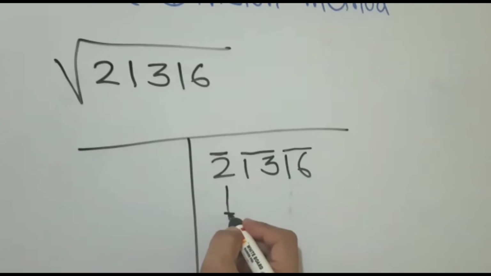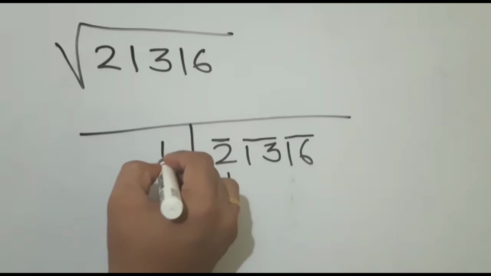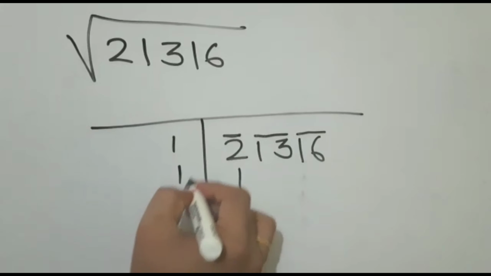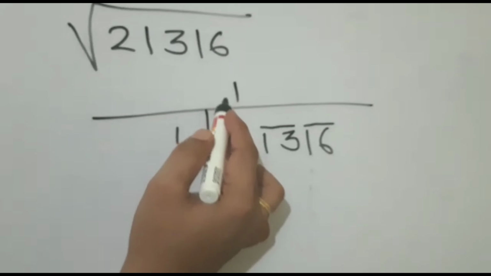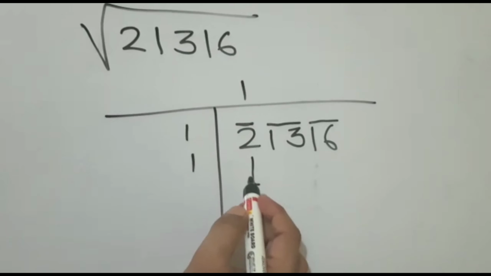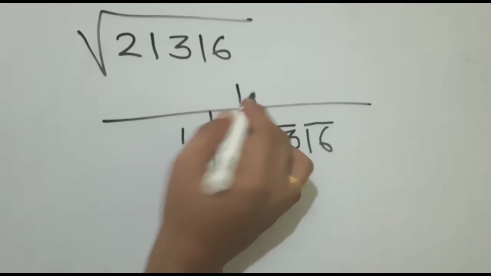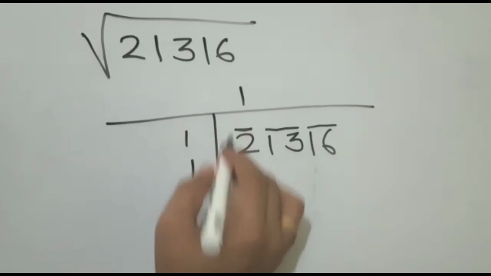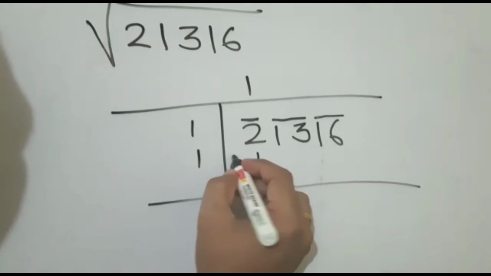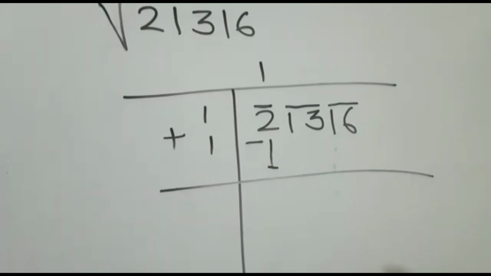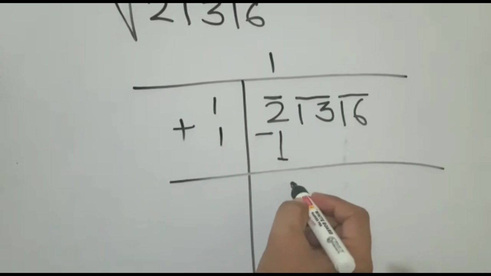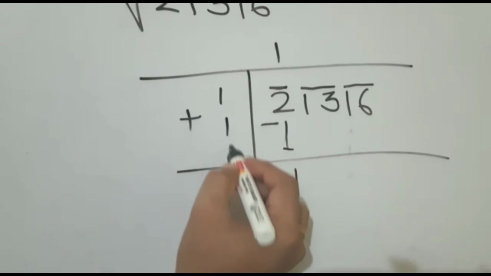Whose square is 1? 1's. Now take 1 three times here. We know that 1 into 1 is 1 and the divisor is 1. So therefore we take 1 here. Now here make subtraction, here make addition. Now subtraction, 2 minus 1 is 1. 1 plus 1 is 2.